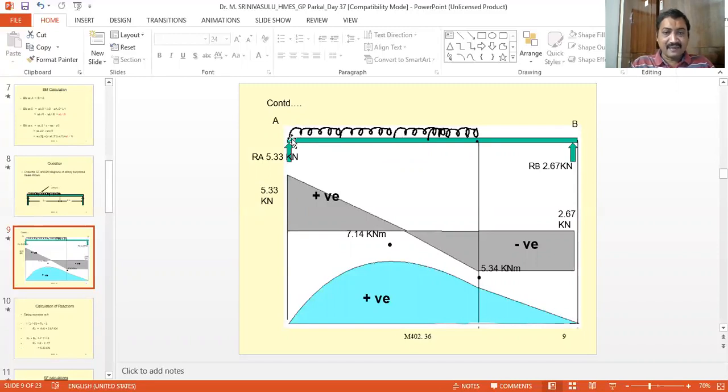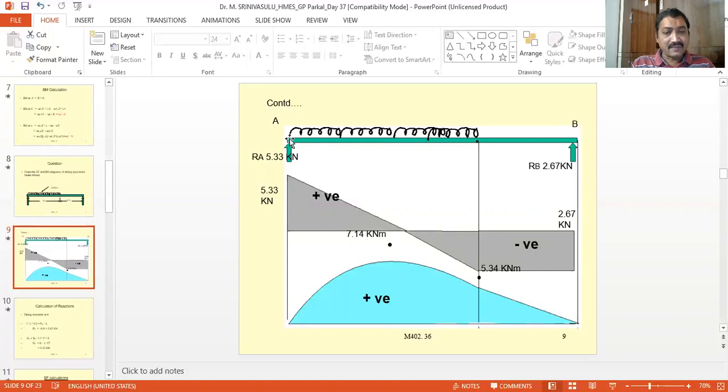If you consider the left of the section also, what is happening? If we take the section here, to the left only one force is acting, that is 5.33 kN, that is RA acting upwards at the left of the section.